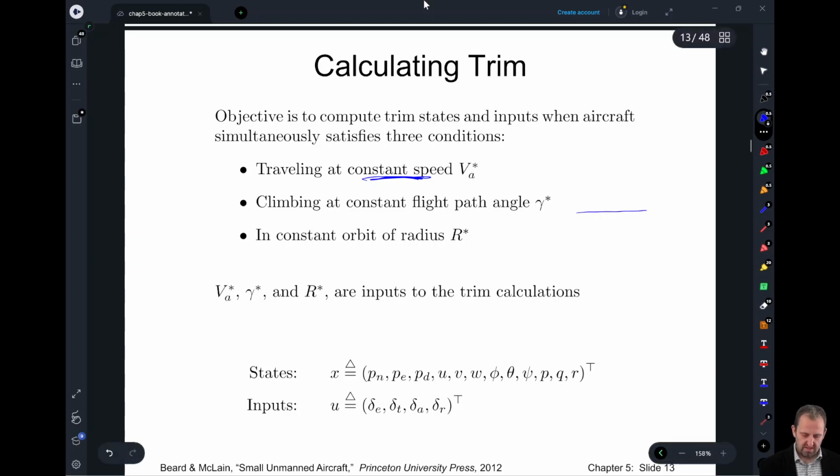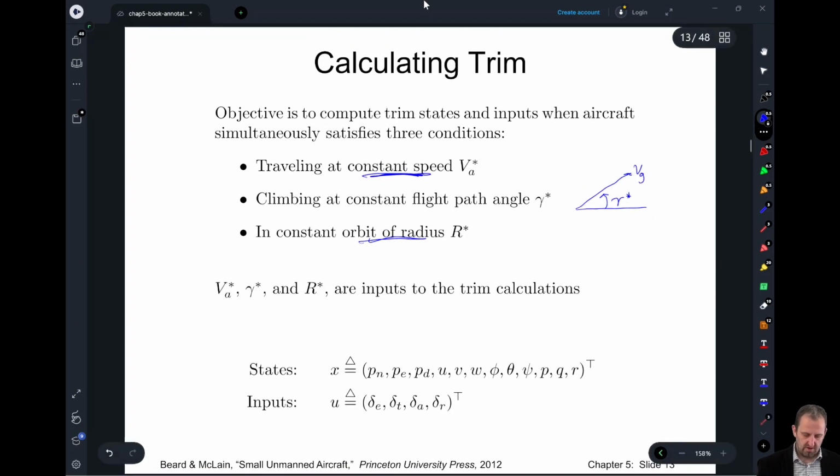So if we look at level to V sub g, remember that our flight path angle gamma is going to be constant. And again, we're going to be orbiting at a constant radius. So once all these 3 parameters are defined, then we can go ahead and define our trim trajectory.